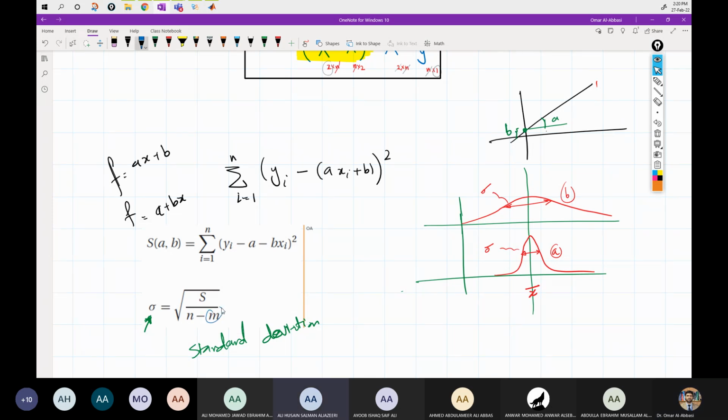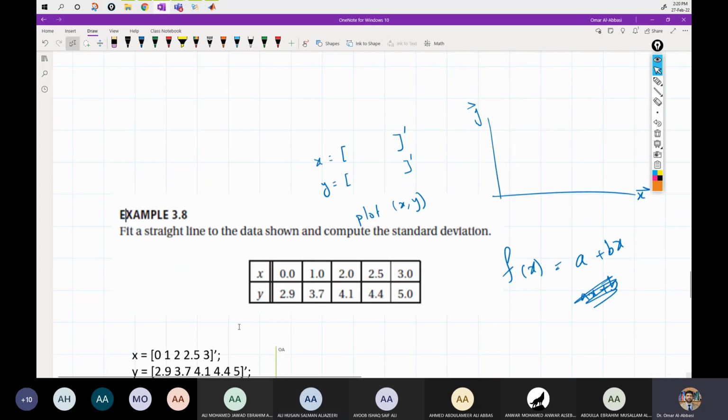We already defined it. M is the number of coefficients in the C vector. So how many coefficients do we have in the C vector in this problem for the linear fit? 2. Okay, 2. Only A and B.